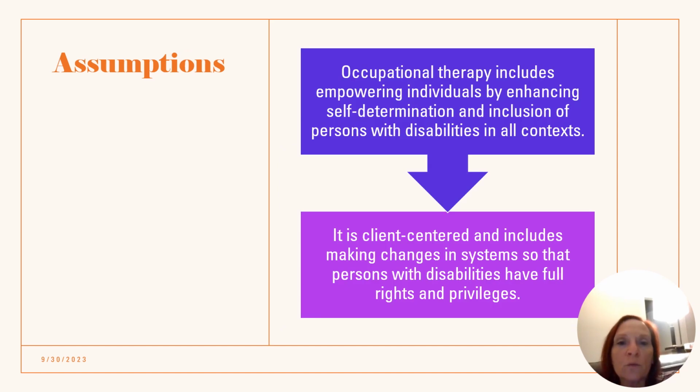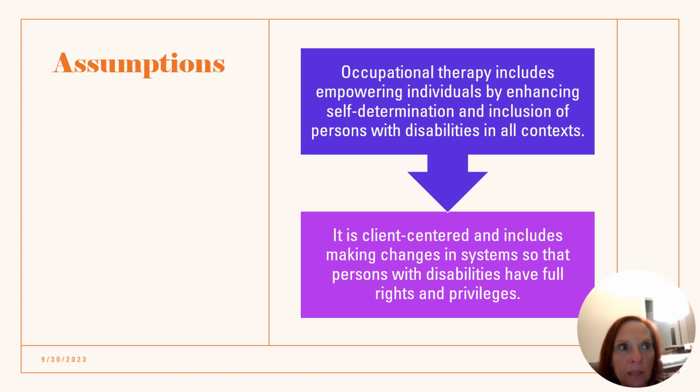All right, occupational therapy, empowering individuals by enhancing self-determination and inclusion of persons with disabilities in all contexts. It's client-centered and includes making changes in systems so that persons with disabilities have full rights and privileges. So this model is enabling occupation.